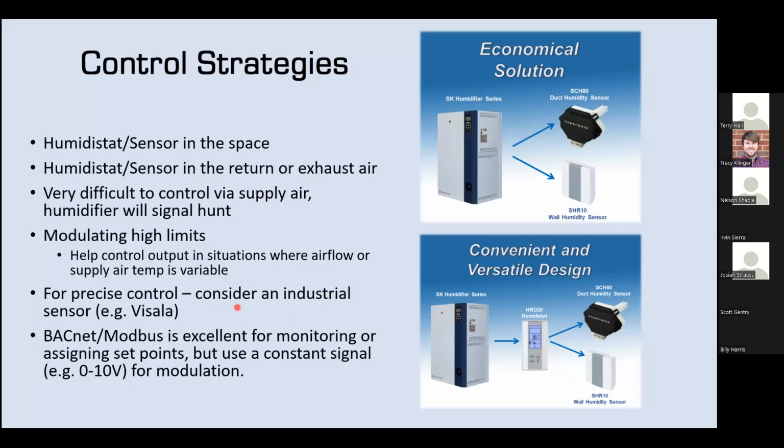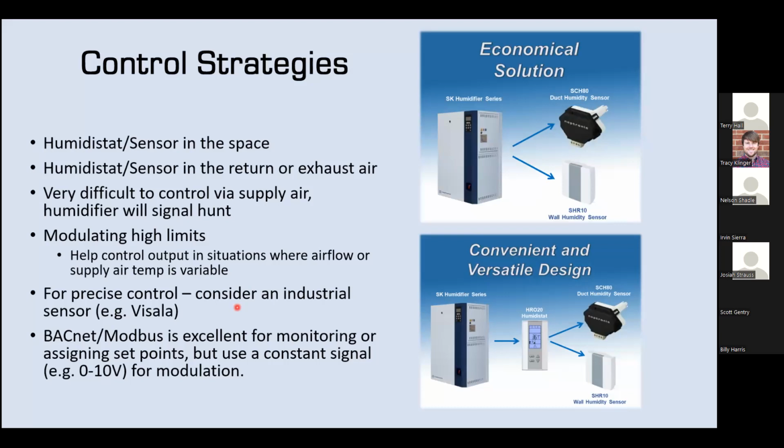The reason is that's constant, whereas with BACnet, if you send a signal of produce 25%, then produce 50%, you may be waiting for that signal to update and then may overshoot your set point. That's the case where the next round of polling hasn't completed, especially for BACnet networks where there's a lot of equipment.